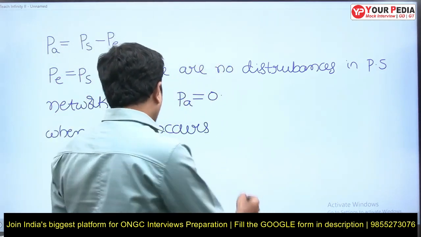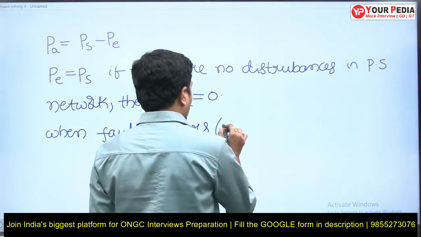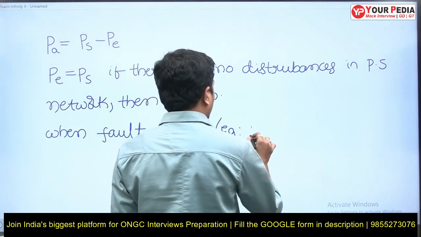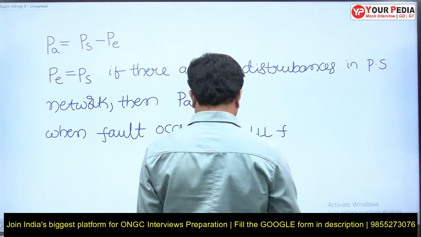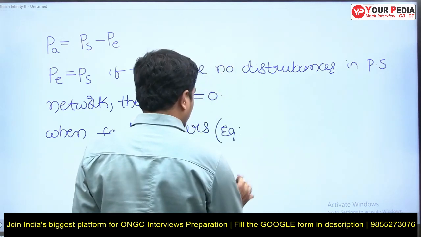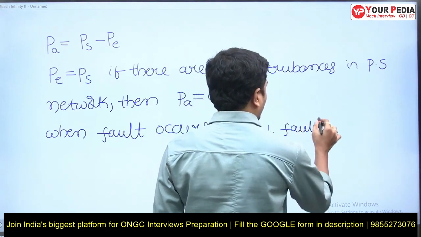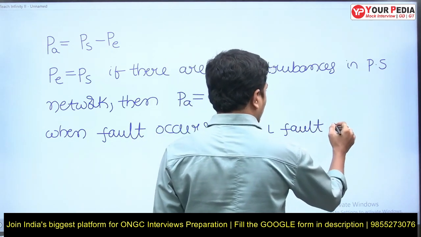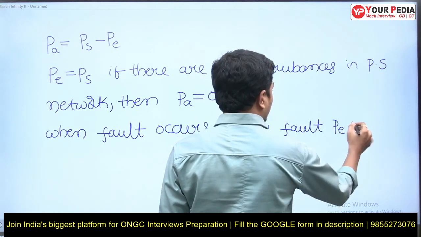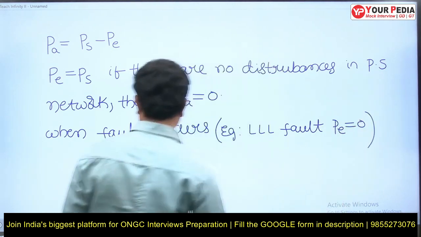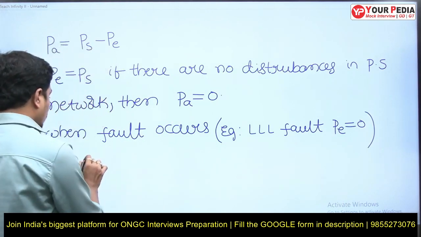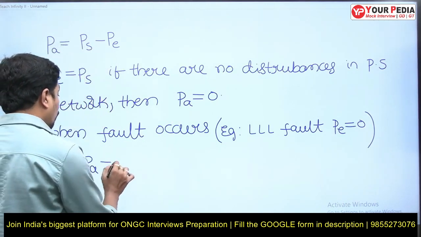For this triple L fault, PE is equal to 0, electric power output equal to 0. When the fault occurs, PA is equal to PS.